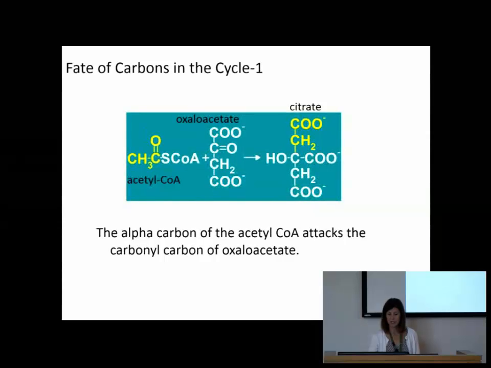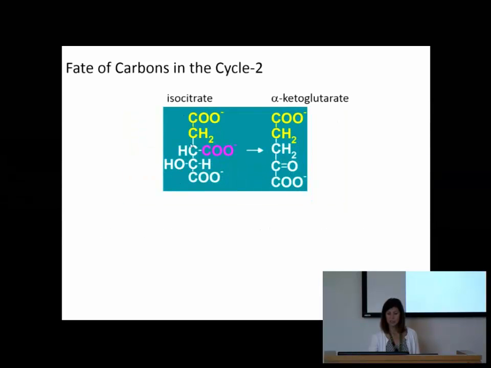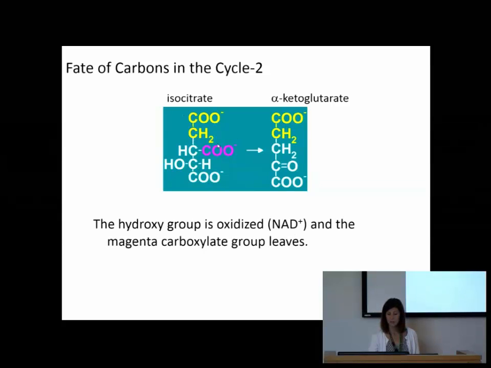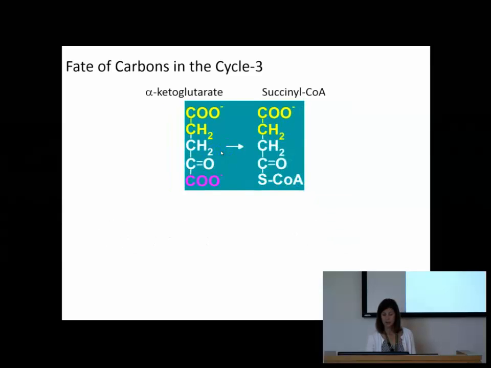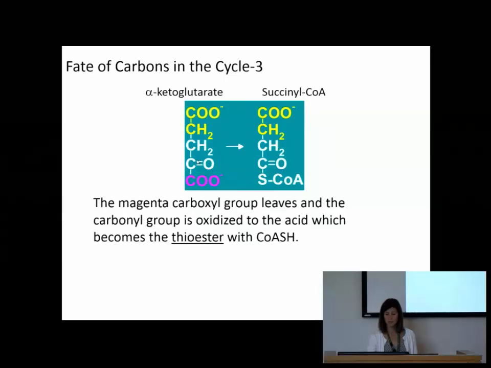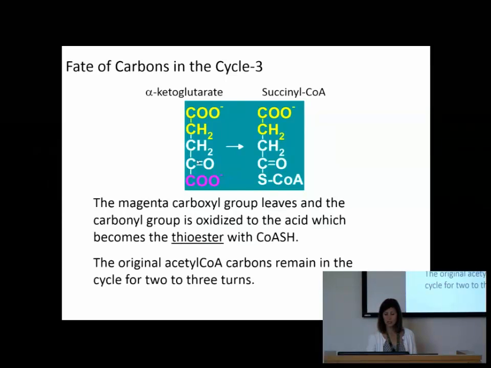It's not the yellow ones that we put in as the acetyl, all right? So we lose that through our first oxidative decarboxylation. And then we lose the bottom one through our second oxidative decarboxylation. So we're not losing those. So really, those original carbons that we put in through our original acetyl-CoA are not lost until 2 or 3 turns of the citric acid cycle.